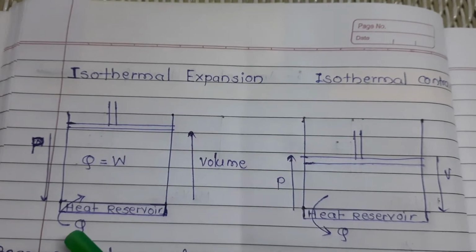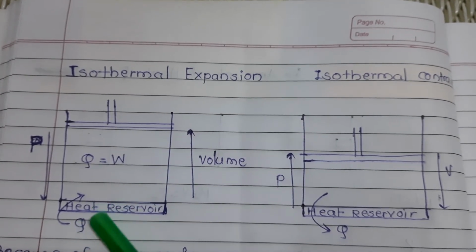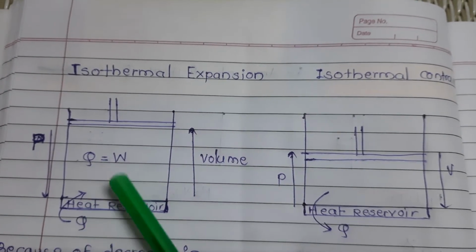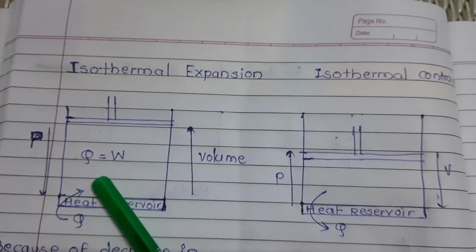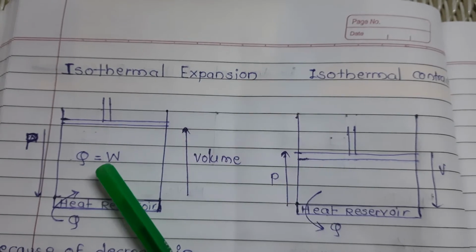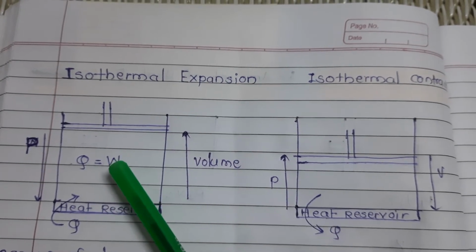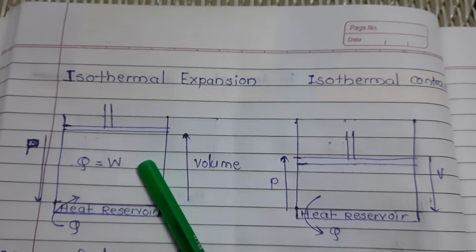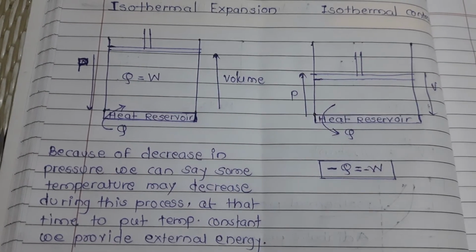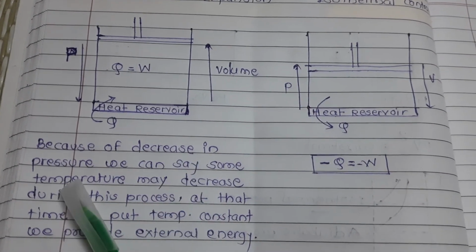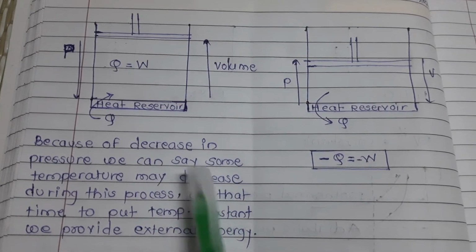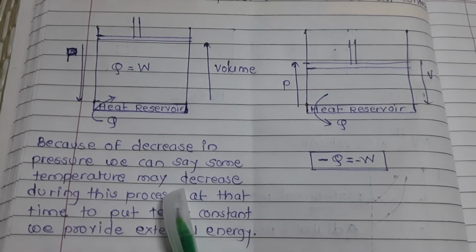For that, from the heat reservoir, we provide some external energy to the system to keep the temperature constant. See, because of the decrease in pressure, we can say the temperature may decrease.